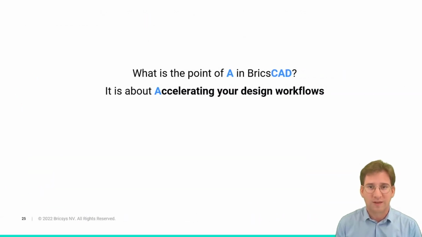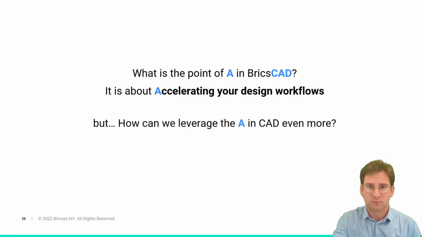So, with all of these accelerated design workflows in BricsCAD Lite, Pro, BIM, and Mechanical, I hope to have convinced you that for us, A in CAD is really about accelerating your design workflows. But how can we take this to the next level? What's the next step? How can we leverage the A in CAD even more to deliver unrivaled accuracy?